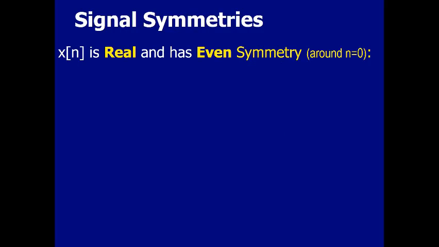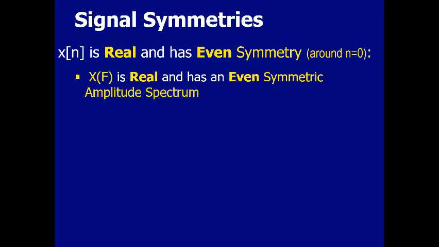And if our time signal is real and itself is even symmetric in the time domain around index n equals 0, then the discrete time Fourier transform is completely real, has no imaginary part. And if we plotted that real function versus f, we'd get an even symmetric function of f.